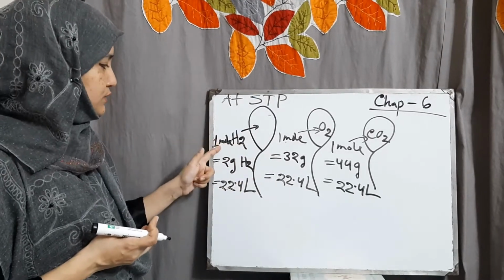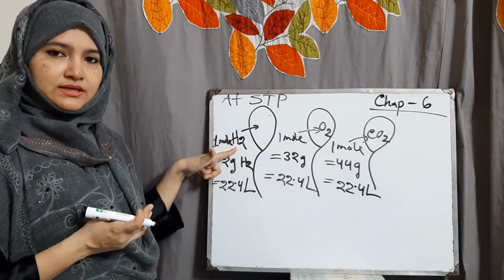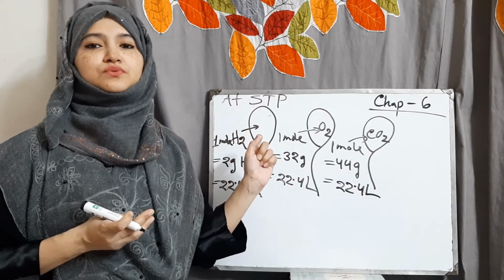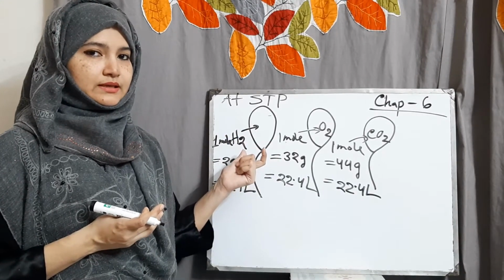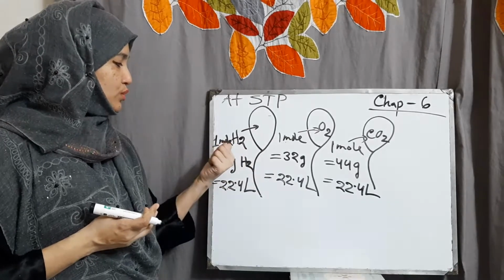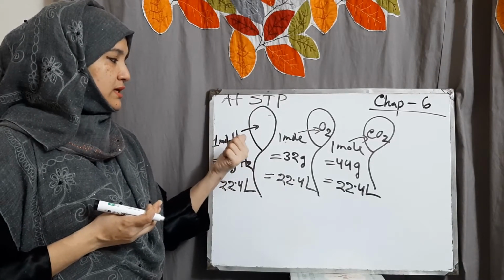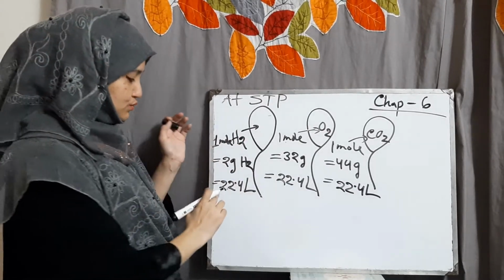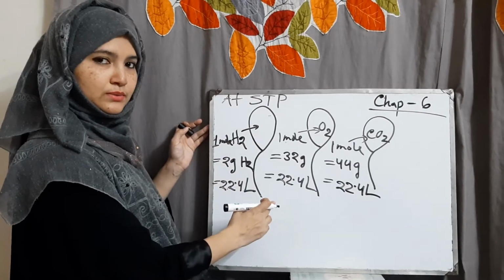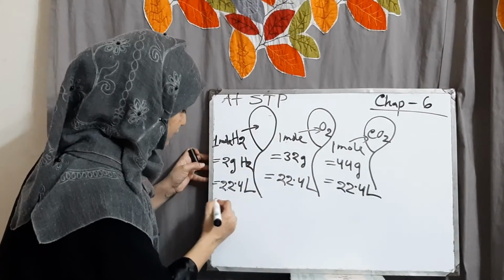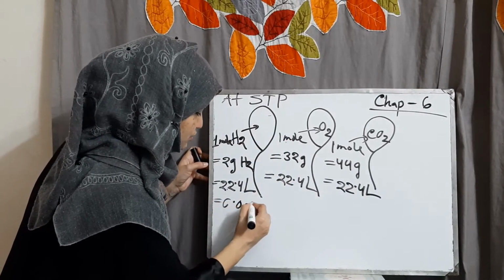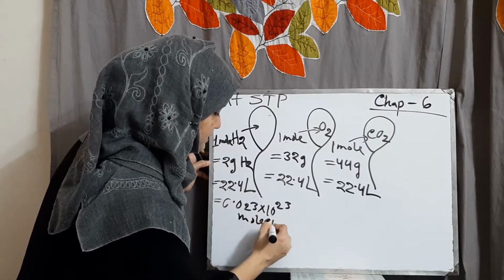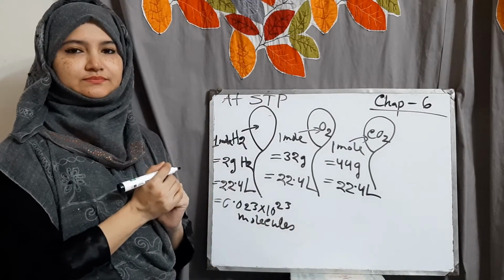We know in 1 mole of any substance, the Avogadro number, that means 6.023 into 10 to the power 23 molecules, are present. And if 1 mole of any gas takes 22.4 liter volume, then in 22.4 liter volume also the Avogadro number, 6.023 into 10 to the power 23 molecules, are present.